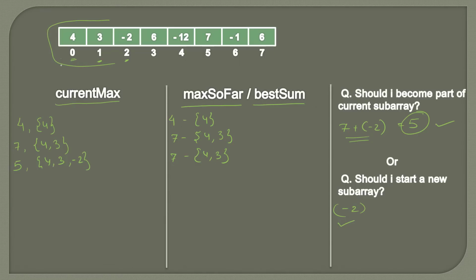It means that though we have taken minus 2 into this subarray, the sum is not actually greater than the maximum sum so far, or the best sum. So the best sum will actually remain this. So let's say if we had only these 3 elements in the array, the current max would have been 5 and our answer would have been 7, stating that we take 4 and 3 and we will get the max sum. We will discard minus 2 from the best sum.